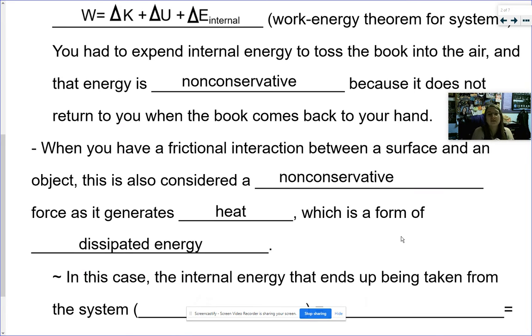But if I rubbed hard enough, and on a rough enough surface, we would actually feel heat being generated there. So any situation where there is friction involved, we are going to have some internal energy being released in the form of heat.